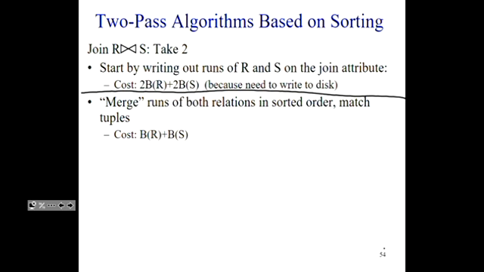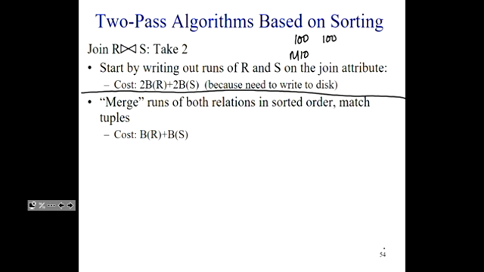And then after that, let's take some numbers. Let's say I have 100 blocks of R and 100 blocks of S, and then I have, let's say, 10 blocks of memory.